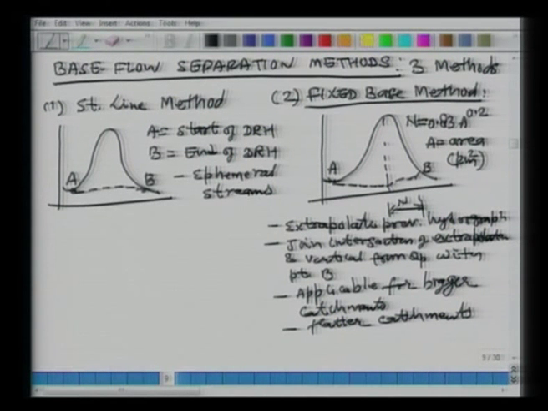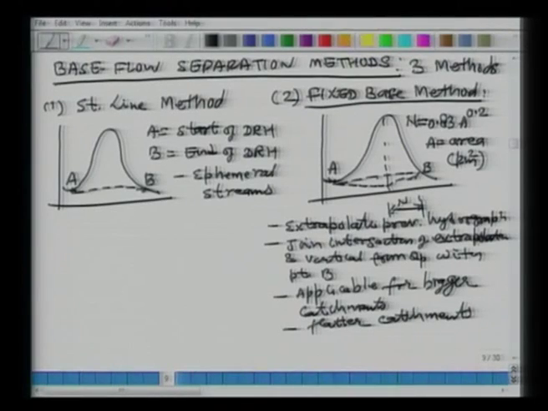If I applied the first method, let's say, on this, and we compare the straight line method and the fixed base method, the straight line method is giving me higher base flow as compared to the fixed base method. So this is your, let's say, method 1, and this is your second method, and the second method is giving you less amount of base flow. That can occur from bigger and flatter catchments. Okay, so that's why it is applicable to the bigger and flatter catchments.